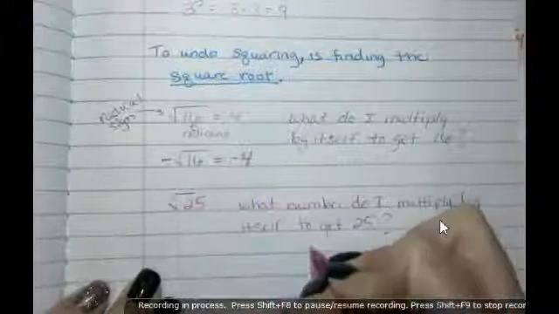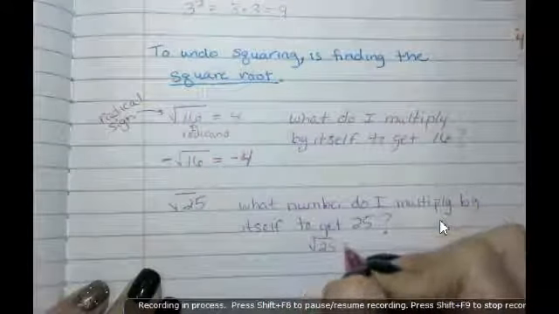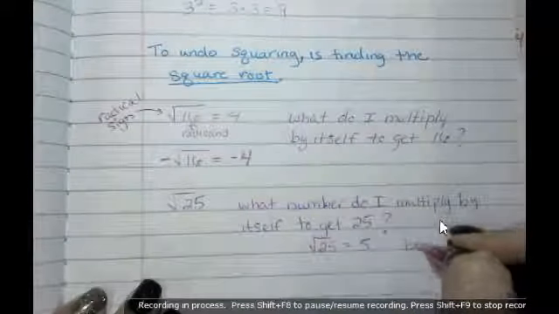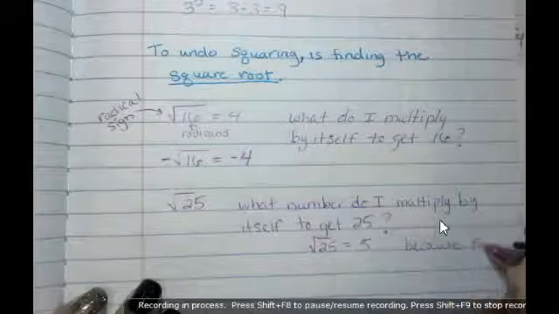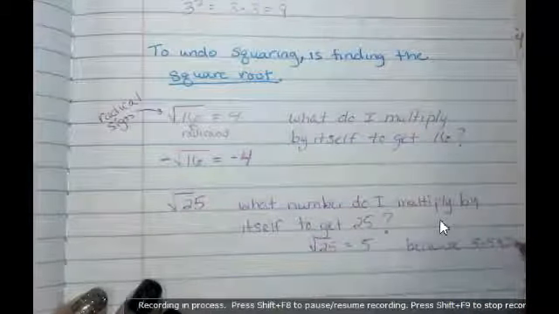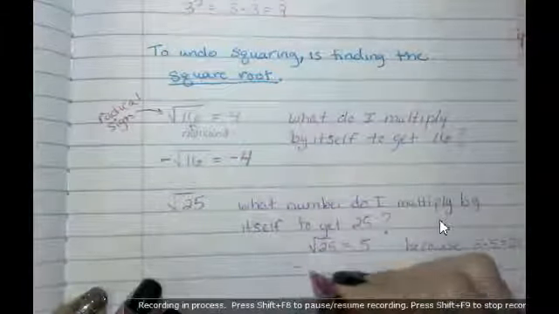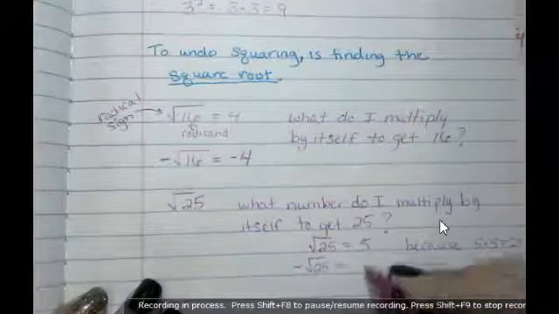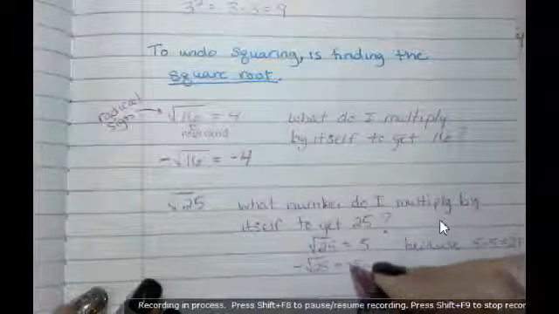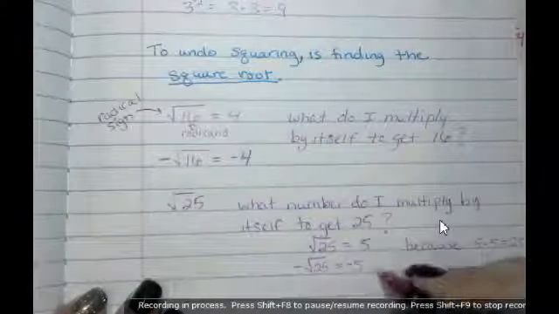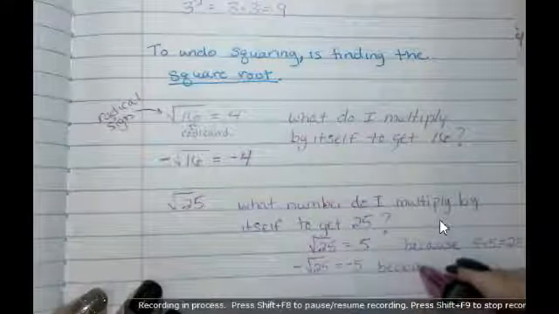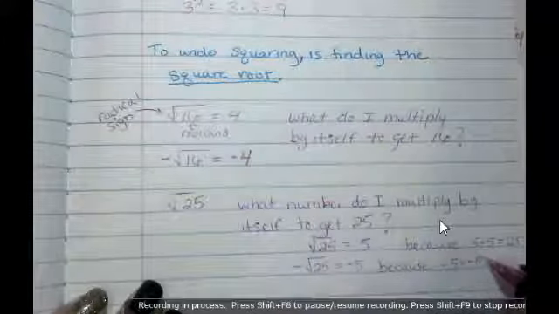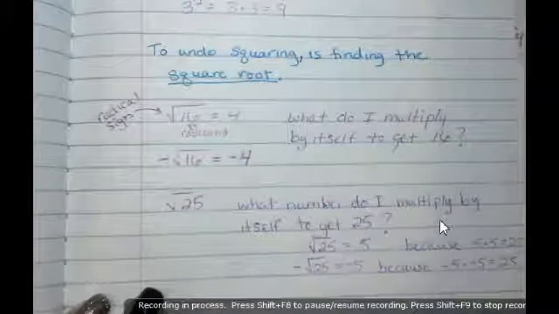The answer to that question is 5. 5 times 5 is 25. I could also find the negative square root of 25, because the square root of 25 is 5, and the negative of that is -5, because -5 times -5 is also 25.